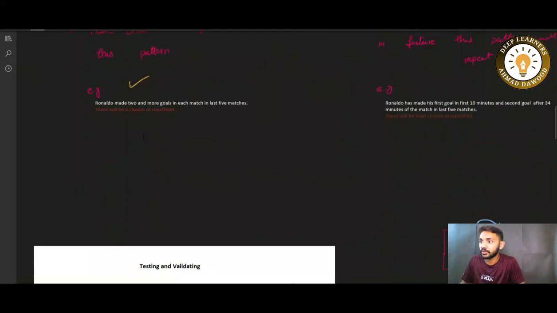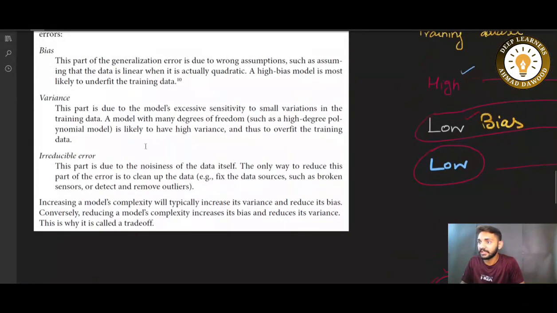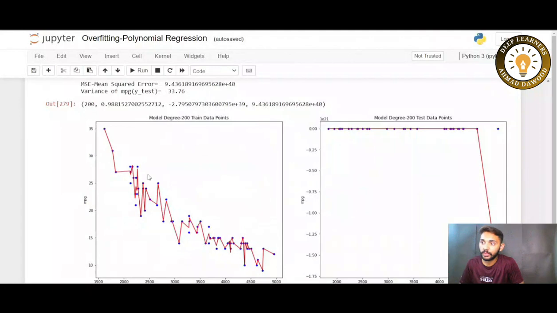In the case of variance, we have mentioned that part: due to the model's excessive sensitivity to small variations in training data points. So here you can say it becomes very sensitive to small variations in training data points. Your bias, or your error on the training data points, is decreasing, but your variance is very high here.